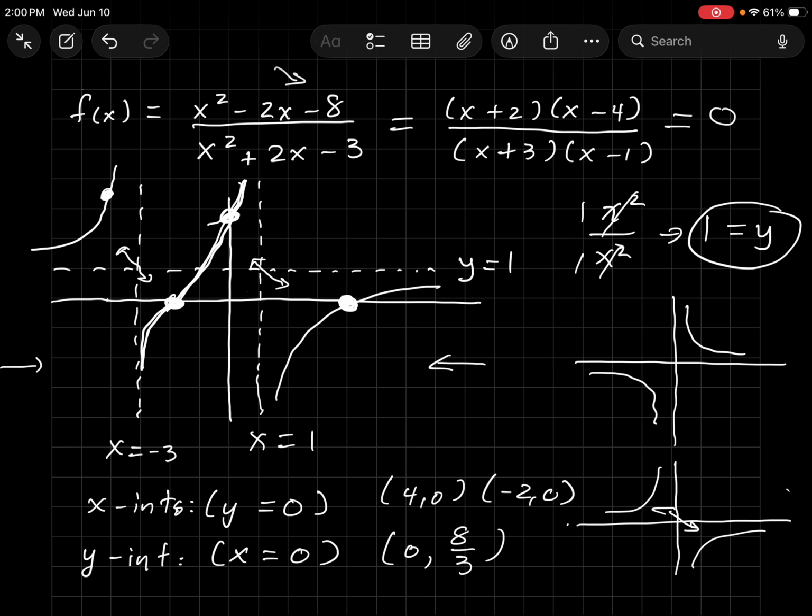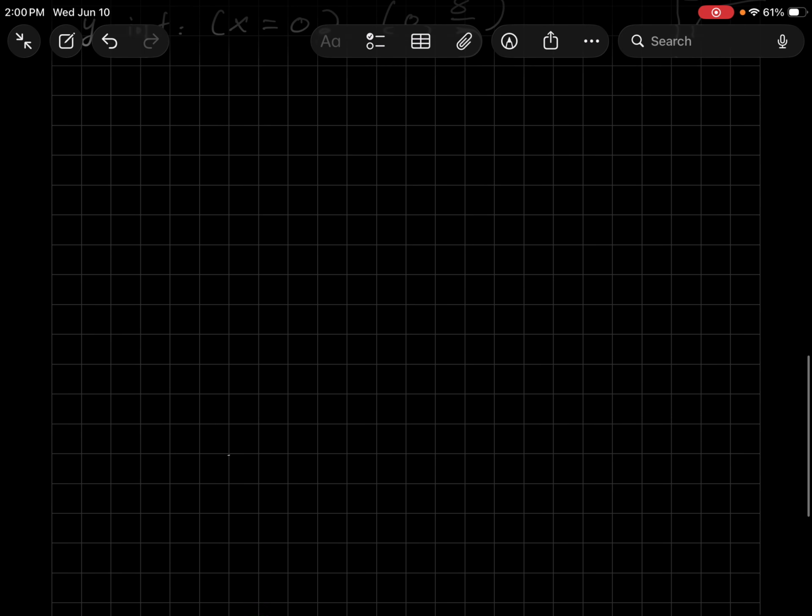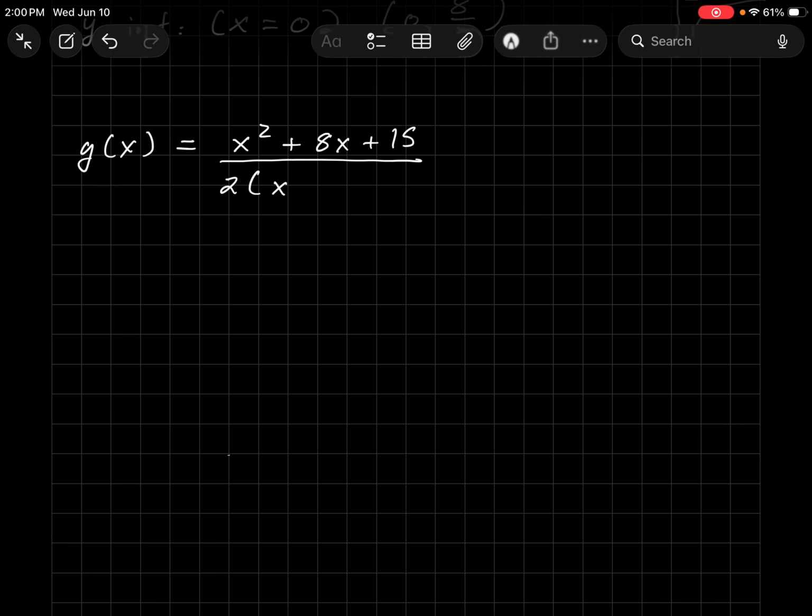And let's do one more example, just so we can see the process one more time. Let's look at g of x, which equals x squared plus 8x plus 15 over 2 times x squared plus 2x minus 8.